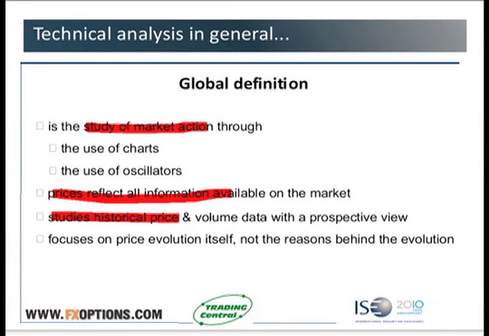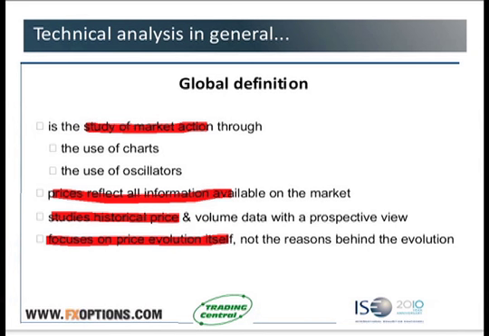And the last point is that technical analysis focuses on price evolution and not the reasons behind the evolution. So if, for example, the euro dollar goes down, we will recommend to sell the euro dollar without trying to see what is really behind the evolution of the euro dollar.